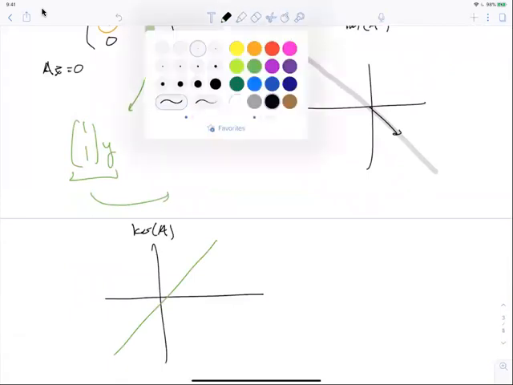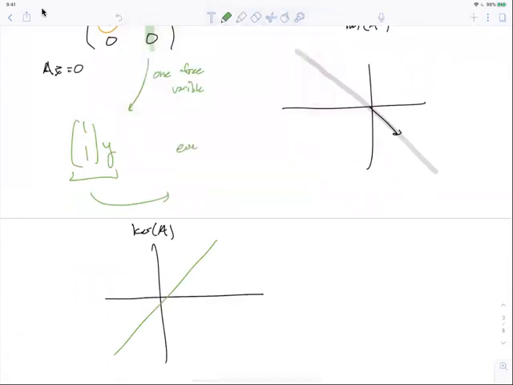So every missed pivot or non-pivot column contributes 1 dimension to the kernel.